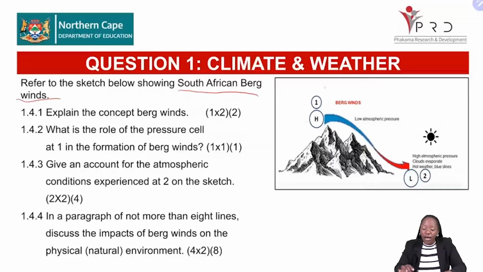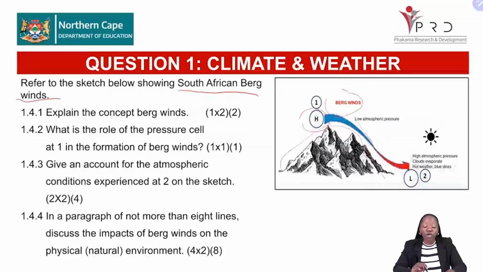You have number one with the H, which is the high pressure, and we can see there is a blue as well as the red when you are going into the surface, and you see there are mountains here, and then there is a berg wind. You are given a low atmospheric pressure. You are given number two with the L, which is the low pressure, the high atmospheric pressure, clouds evaporate, hot weather, blue skies. So let's see what questions do we have.